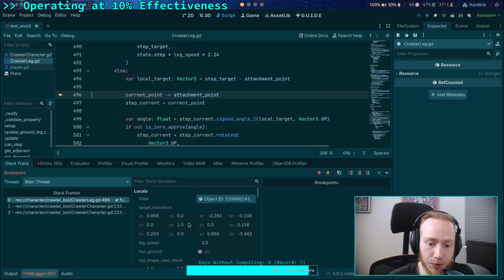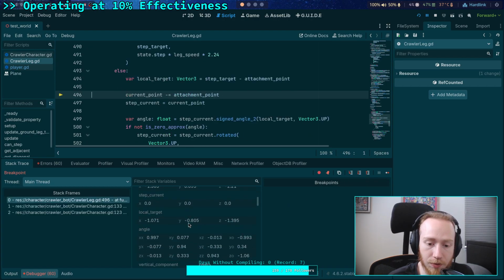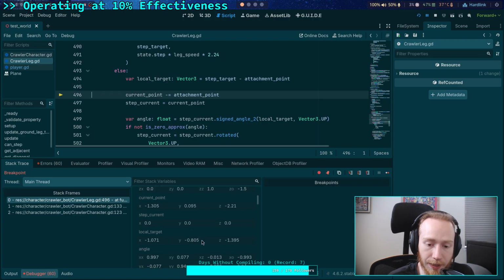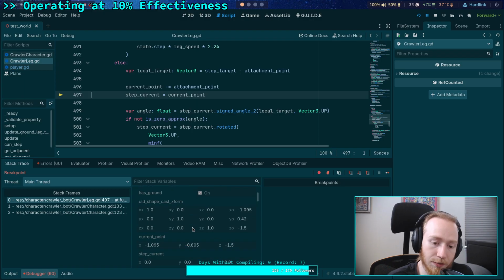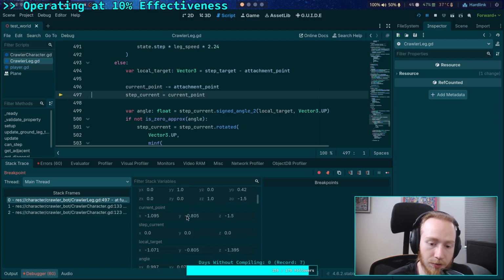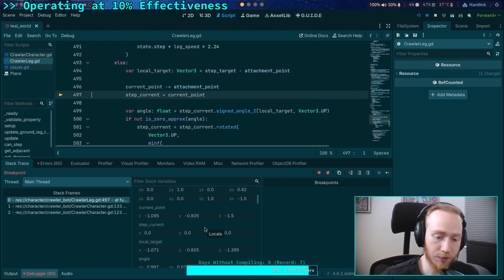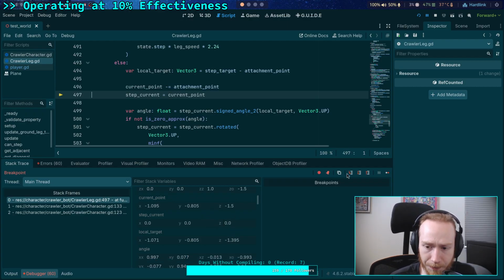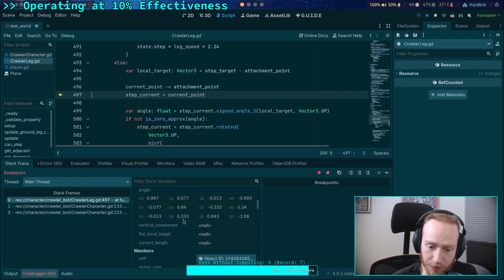So now we have local target. Looks like that. And then I have current point, should look very similar. Okay. The same Y coordinate, which is good. We're on flat ground, so it should be the same. And then I update step current to be that current point.